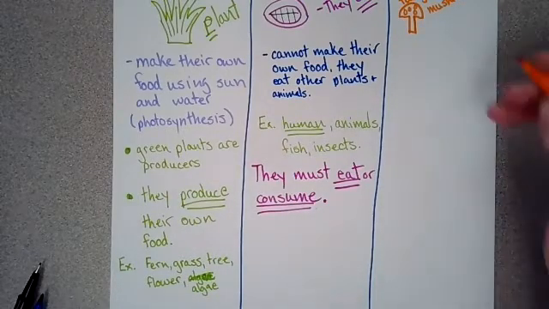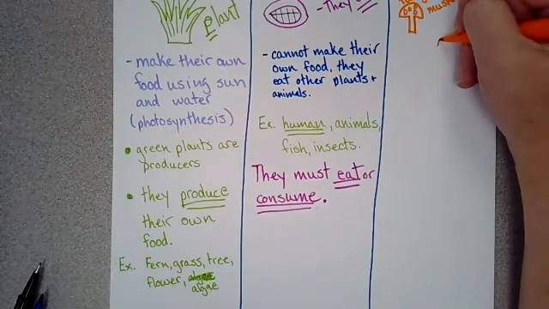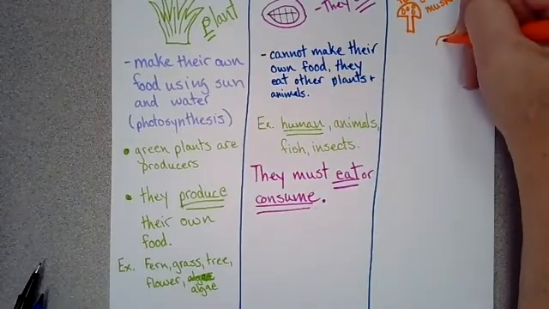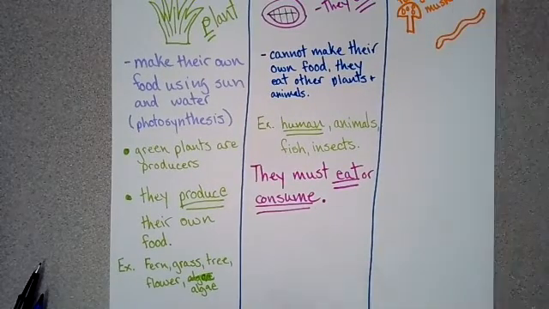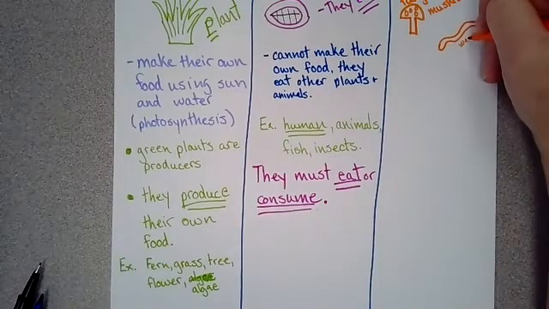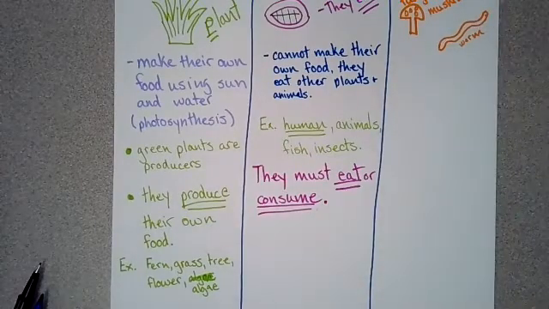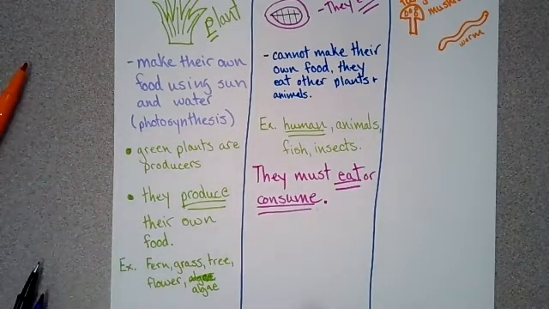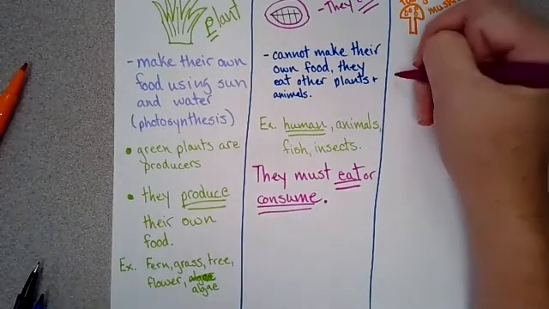All right. Another example of a decomposer is a worm. That's a worm. I'm going to write that under here. Okay. Now, decomposers are not plants. They cannot make their own food. They get their energy by breaking down dead organic matter. So let's write that down.